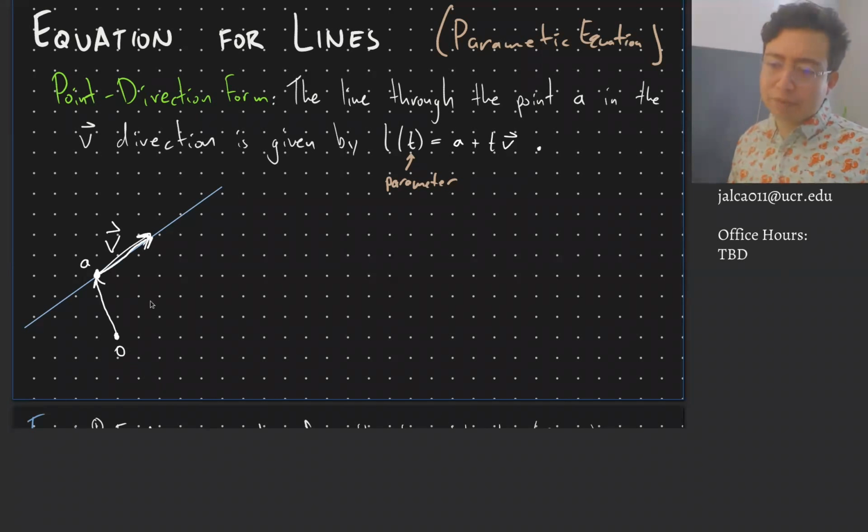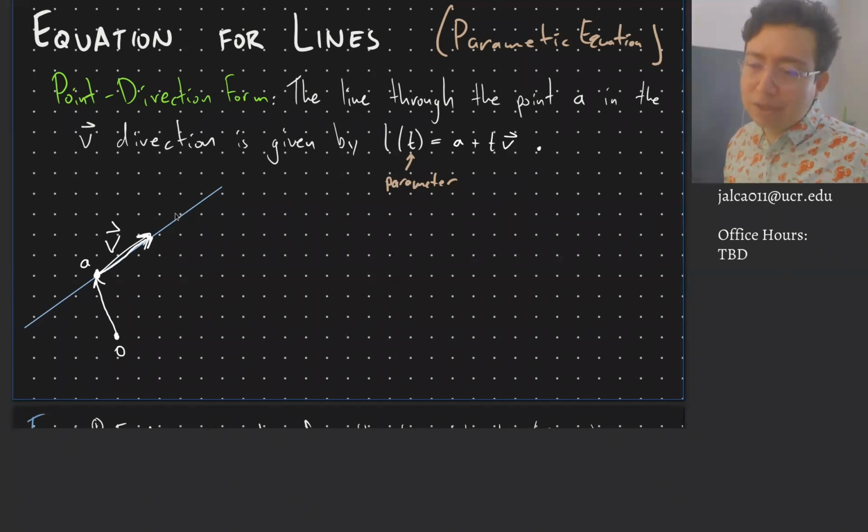Now you can see, if we want to get to any point here, we just have to add a certain vector.